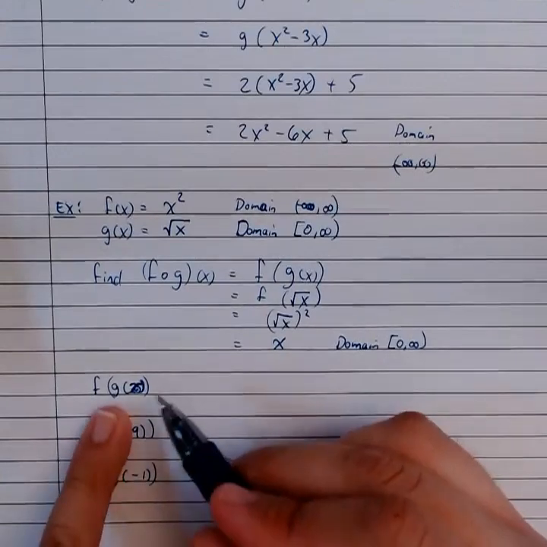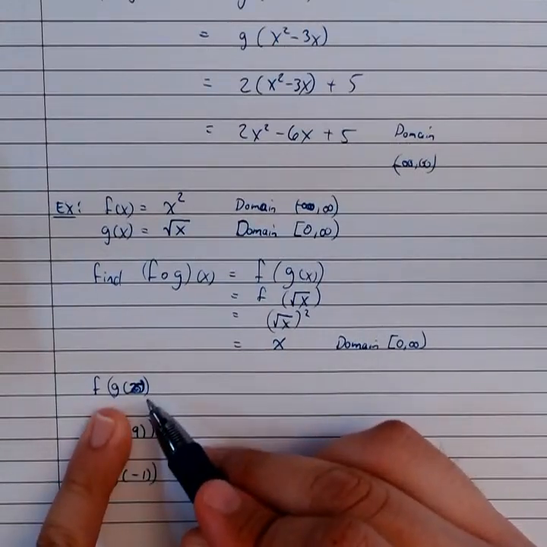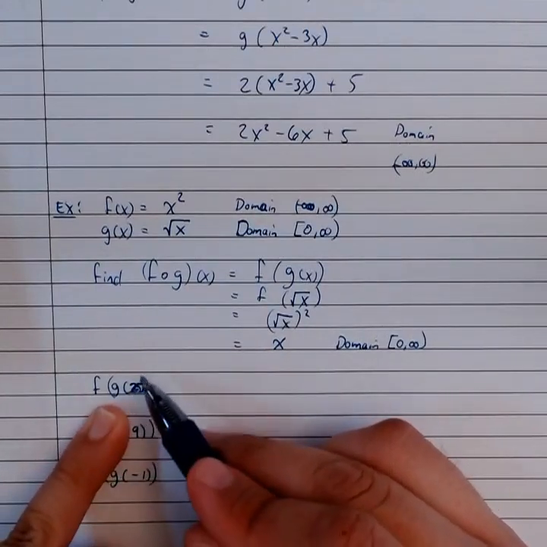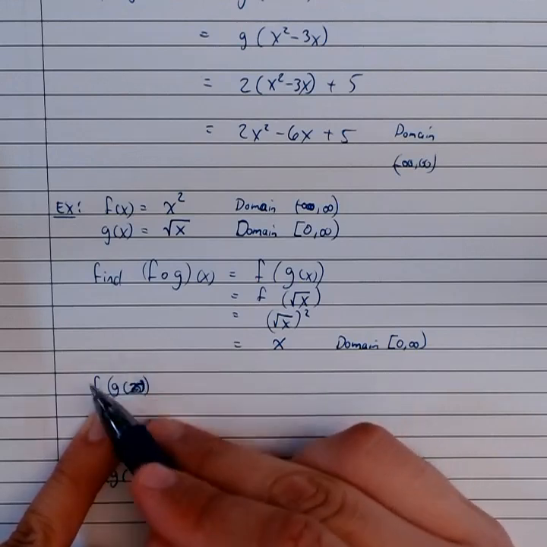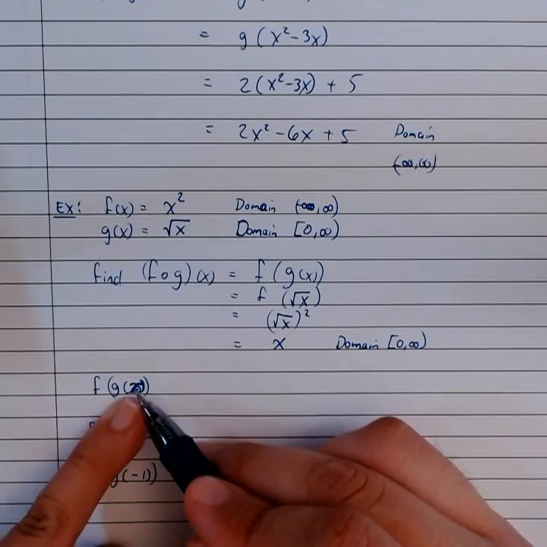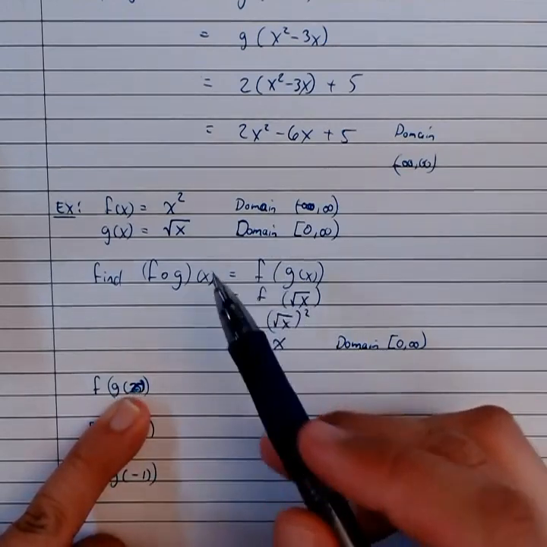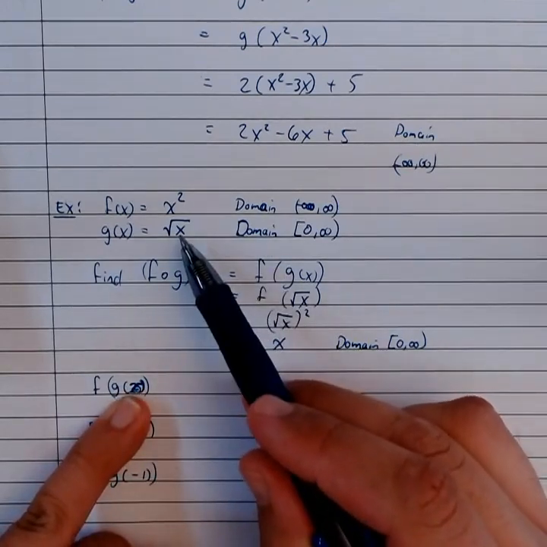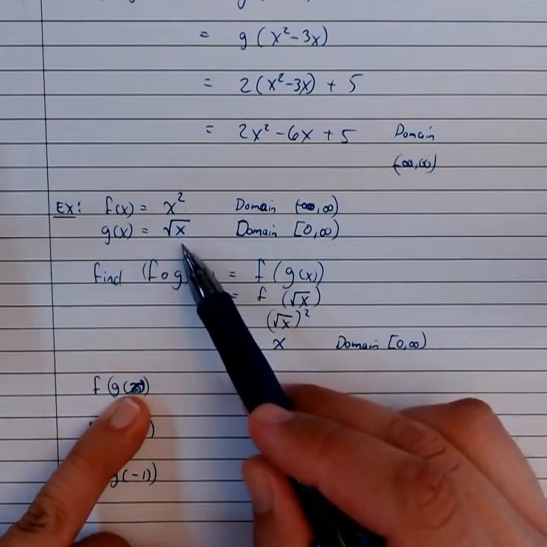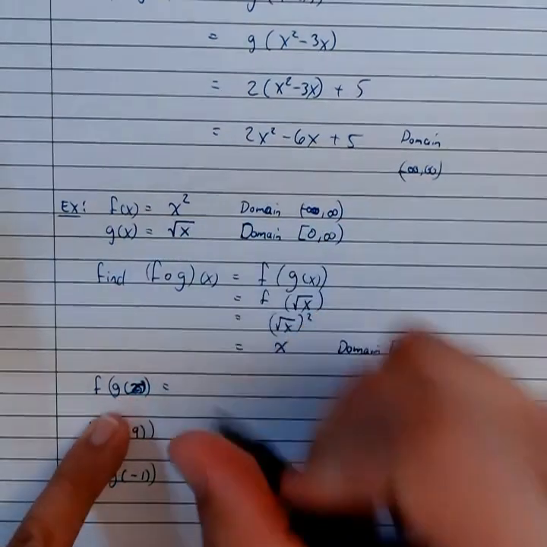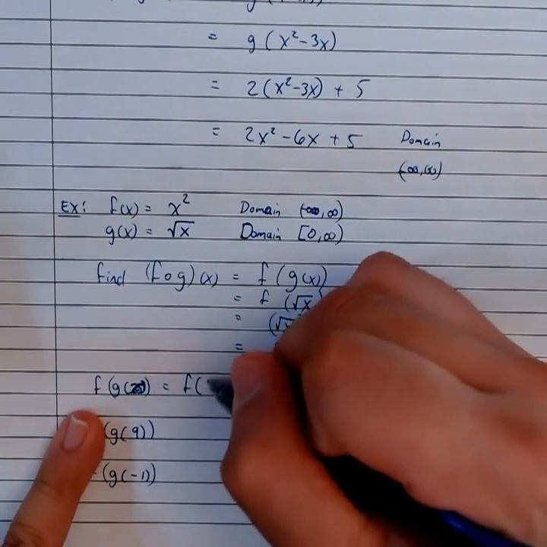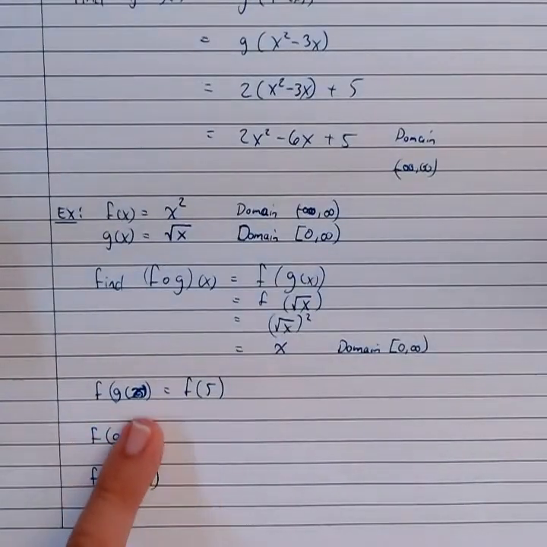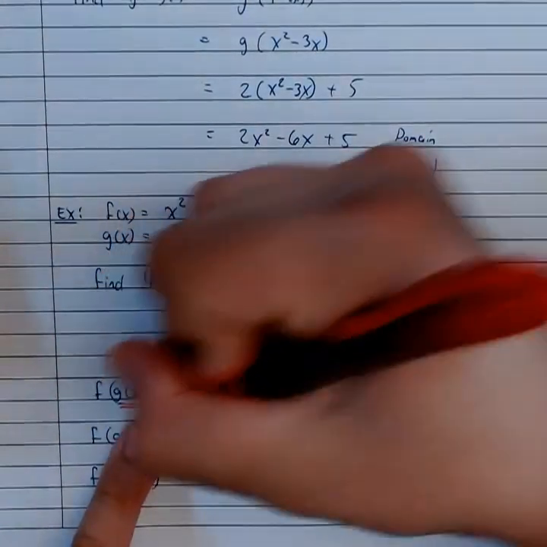All right, so here we go. F of g of 25. Well, the way compositions work, first this 25 gets plugged into g, and then that result gets plugged into f. Okay, well, let's do it in order. If you plug 25 into g, that'll give me the square root of 25, which is just the number 5. So here, f of g of 25 is really just f of 5, because g of 25 is the number 5.